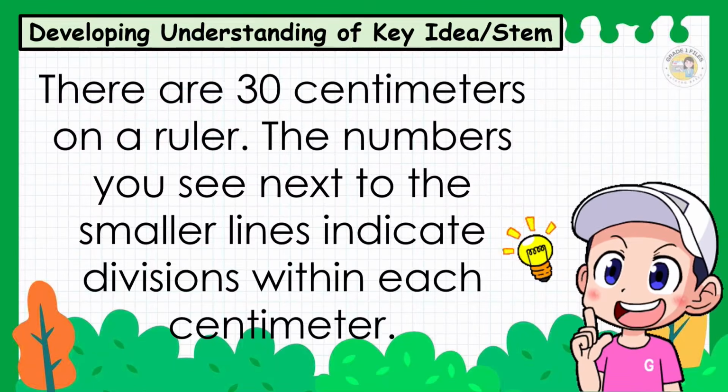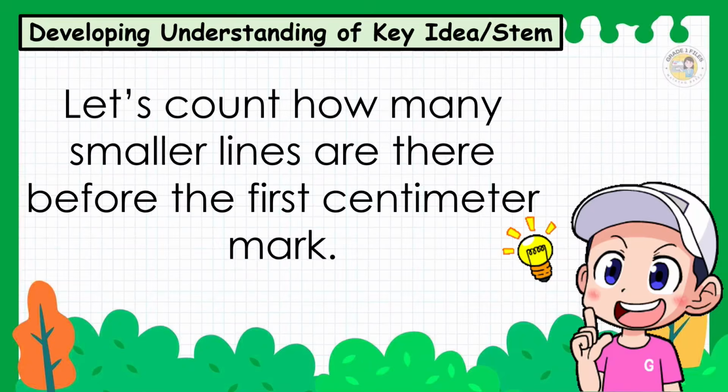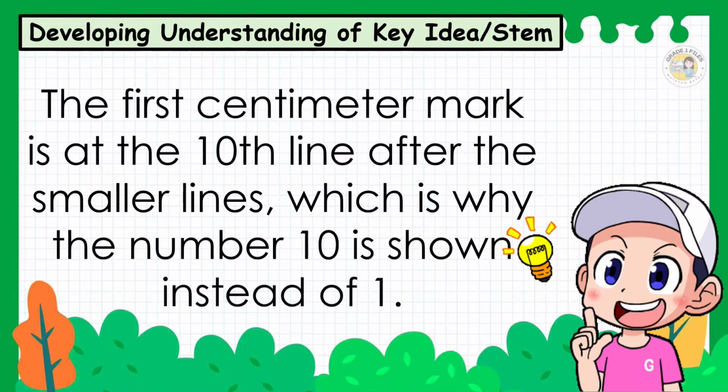There are 30 centimeters on a ruler. The numbers we see next to the smaller lines indicate divisions within each centimeter. Let's count how many smaller lines are there before the first centimeter mark. The first centimeter mark is at the 10th line after the smaller lines, which is why the number 10 is shown instead of 1.